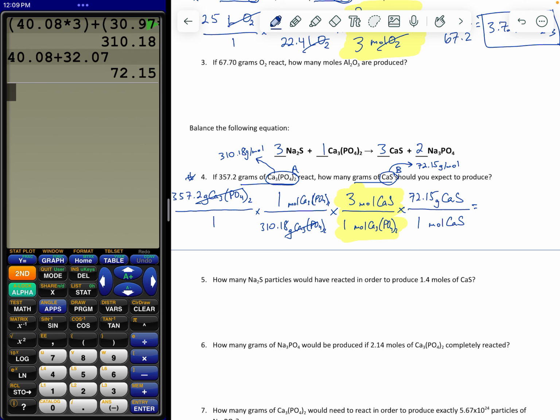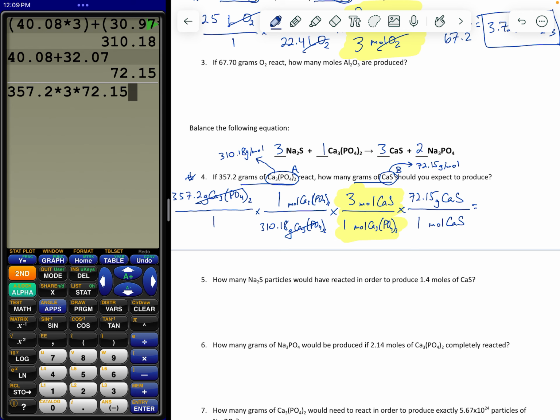Because I don't have enough room to add an additional step, I'm just going to do this all at once. If you like to do the simplification, you still can. So I'm going to do 357.2 times 3 times 72.15.